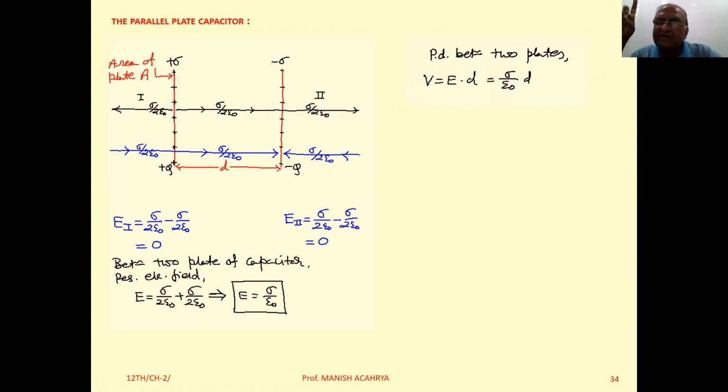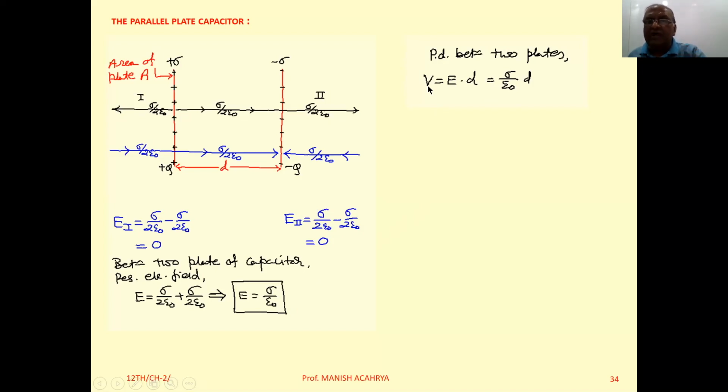So we can write V equal to E into d. But E, the electric field between two plates of the capacitor that we calculated here, is sigma upon epsilon 0. So substituting, sigma upon epsilon 0 into d is your V.